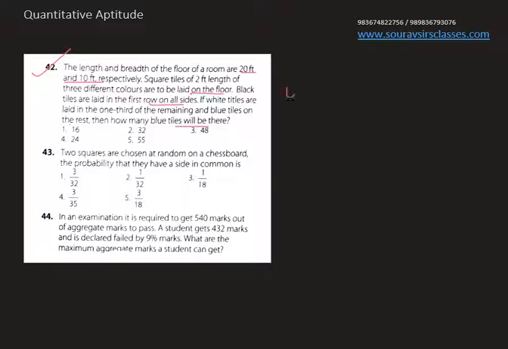So suppose this is the required rectangular portion of our floor, 20 feet by 10 feet.